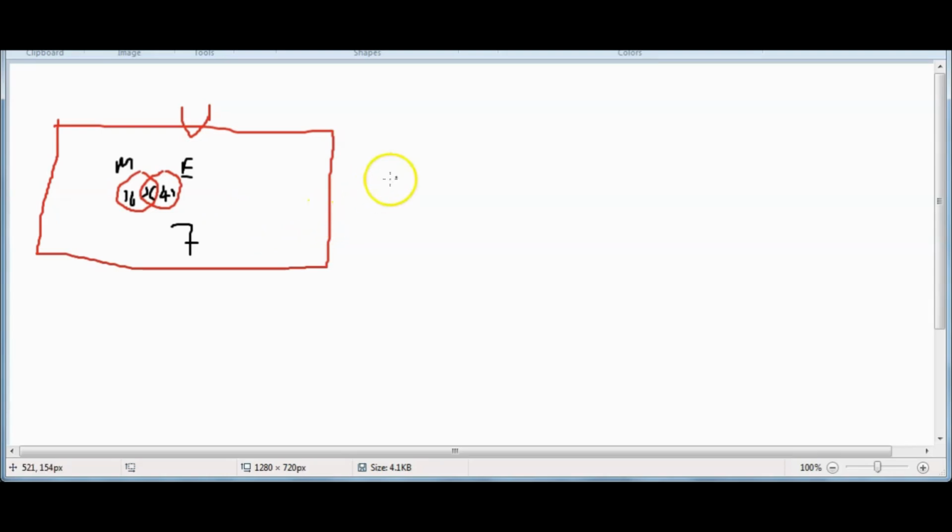So we will have 16 minus x plus 41 minus x plus 7 plus x is equal to 50.